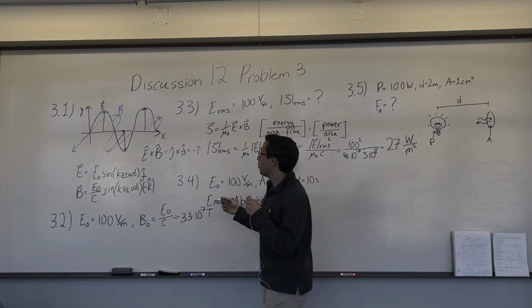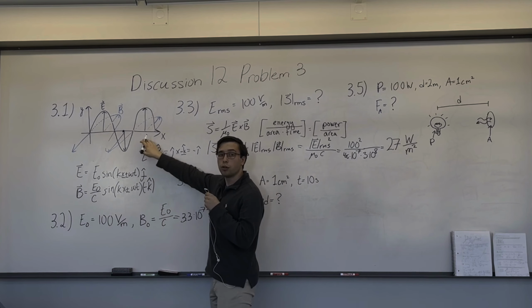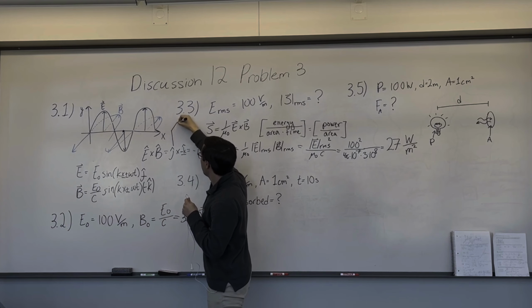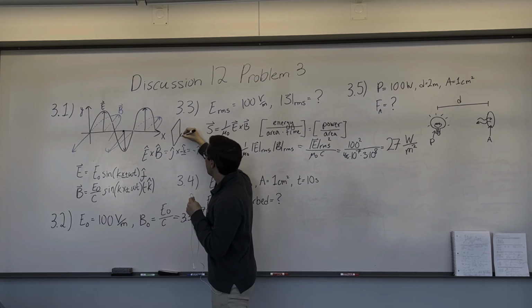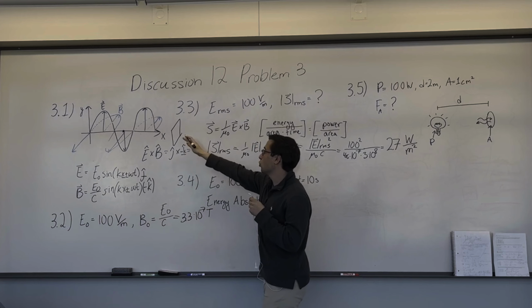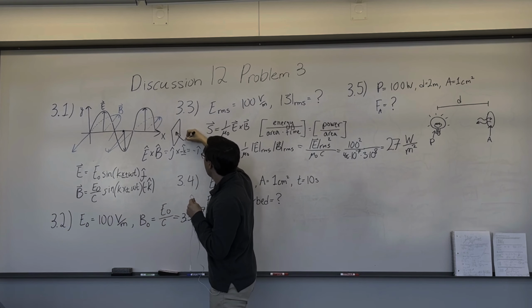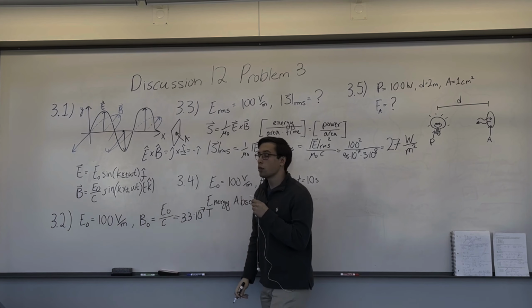So first let's think about the picture here. So we have our electromagnetic wave, and now let's add some surface here. I'll draw a little square here, kind of, and I'll label that with some area A.